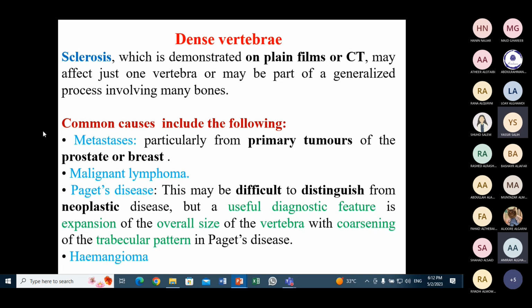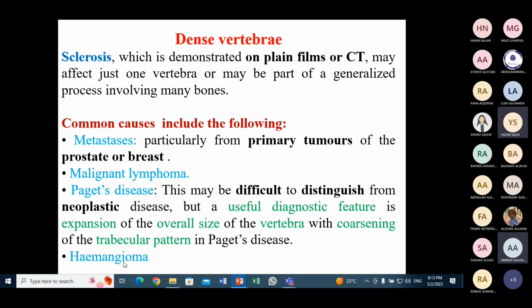And also in the Paget disease طبعا كان اتكلمنا عنه برضه انه هو causing abnormal trabeculation and coarsening also of the trabecular pattern in addition to the increased vertebral body density and size.